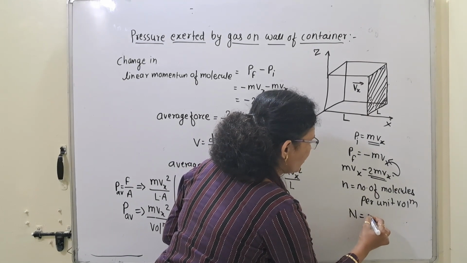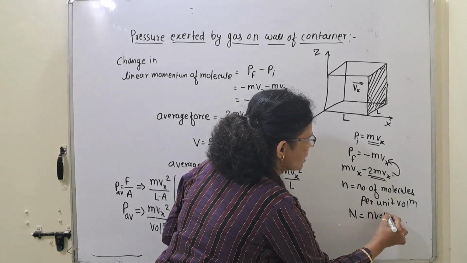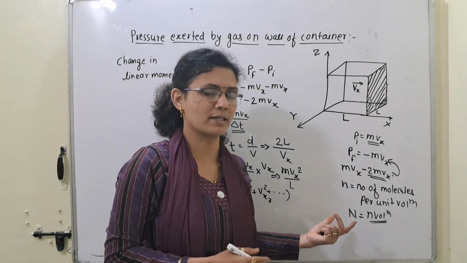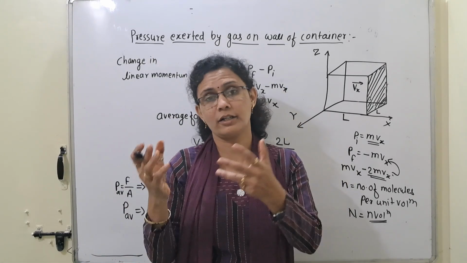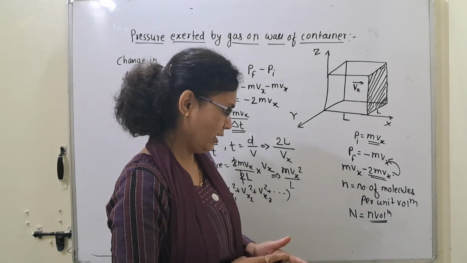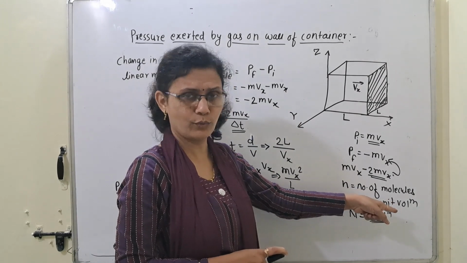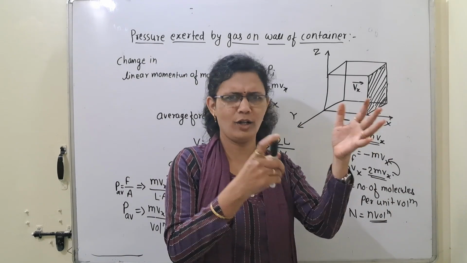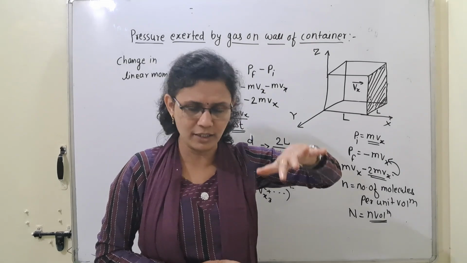That total number of molecules will be n into V, that is volume. We have to take the assumption like this. That is, consider a container which contains gas, having n number of molecules per unit volume. Let Vx be the velocity of the molecule along x direction. All these things you are going to write initially.